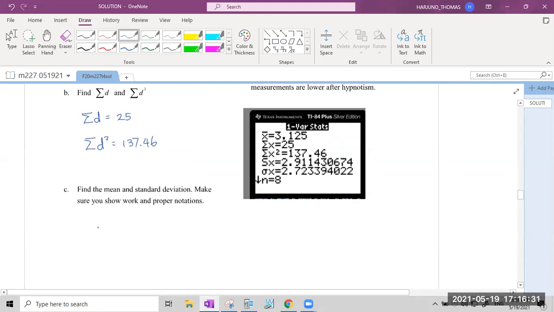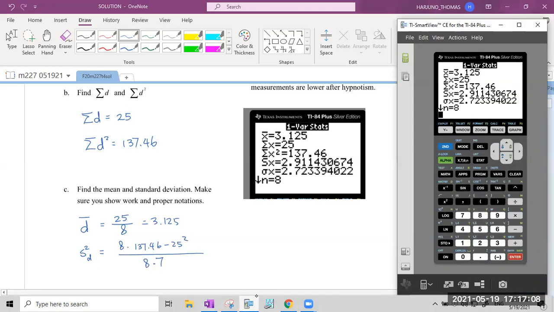Find the mean and standard deviation. The mean for differences is D bar, not X bar. D bar equals 25 over 8. That's 3.125. Standard deviation: the sample variance of the differences will be 8 times 137.46 minus 25 squared, over 8 times 7.